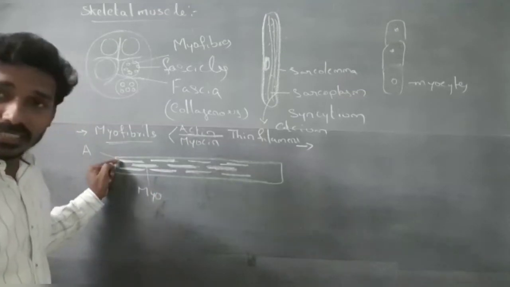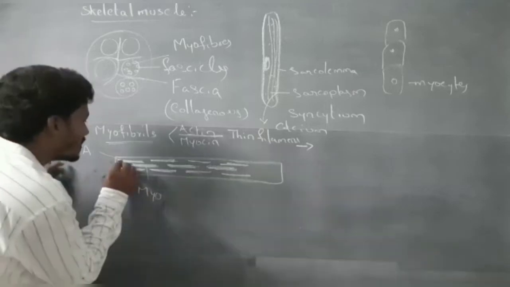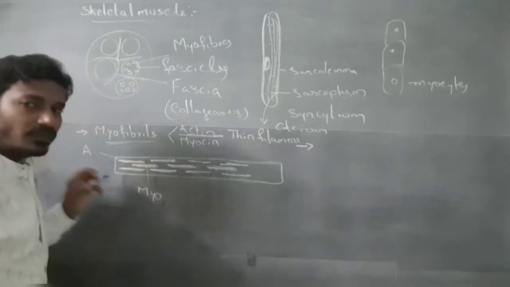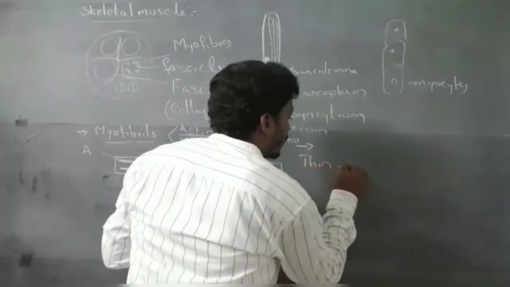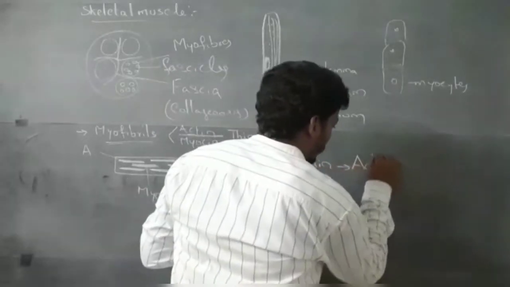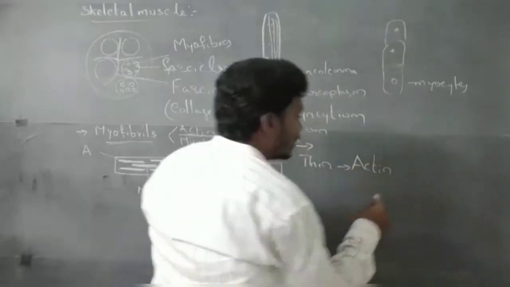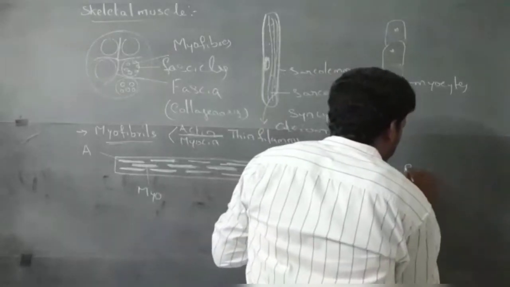The thin filament contains actin protein and regulatory proteins.